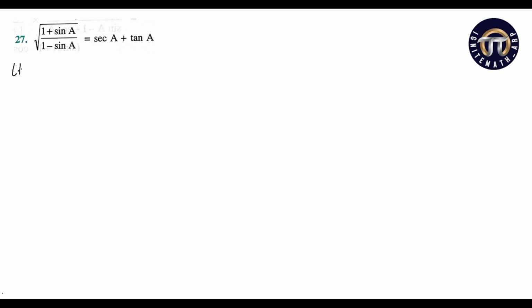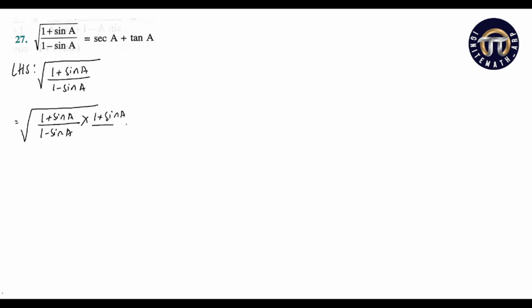Now again I will take LHS. LHS is square root of 1 plus sin A by 1 minus sin A. Now what I do here is I will multiply both the numerator and the denominator, which is inside the square root sign, that is 1 plus sin A by 1 minus sin A, with 1 plus sin A by 1 plus sin A. So it won't make any difference to the given expression.